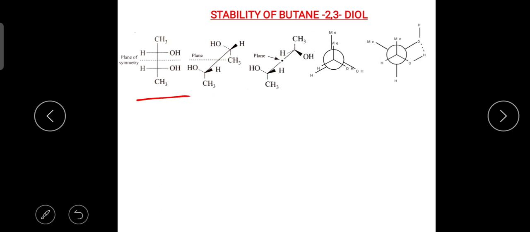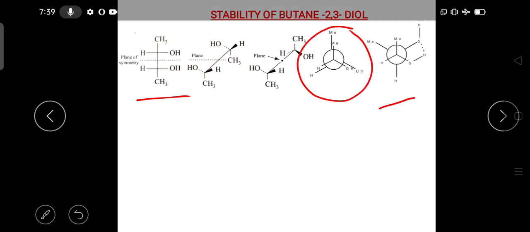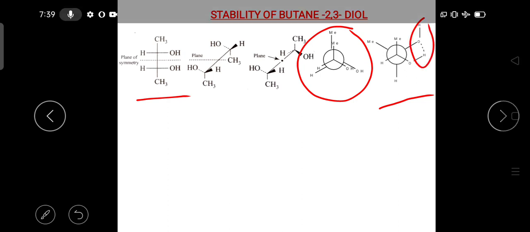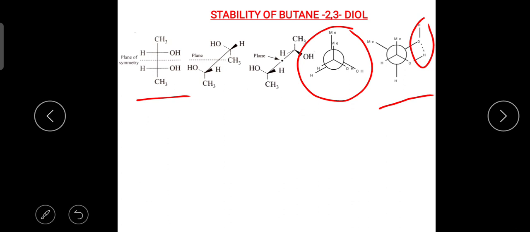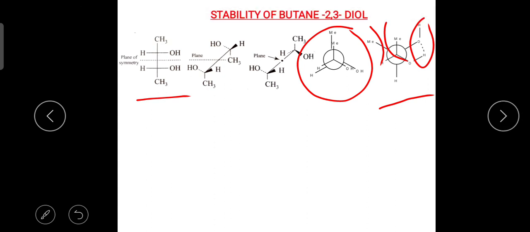If we transfer these meso structures into a Newman projection, you can find there is also a hydrogen bond between the two OH groups, but here the two methyl groups are in the gauche position. Therefore, there exists a steric repulsion between the two methyl groups, and so these meso conformers are unstable.